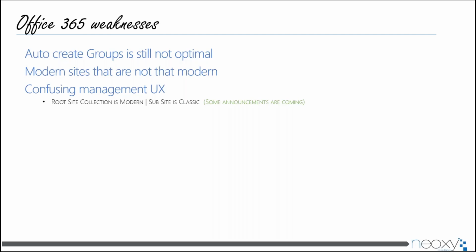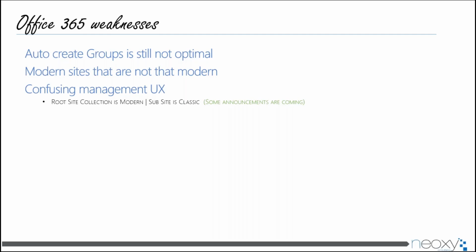Today the mentality has changed. We always say hub before sub, use hub sites rather than sub sites. But not everybody is ready. We have organizations having hundreds of subsites in a site collection.